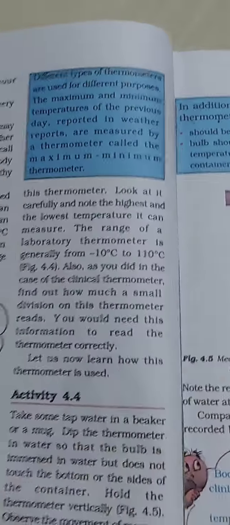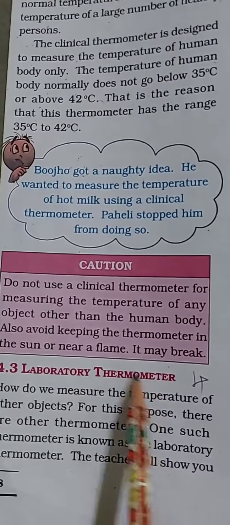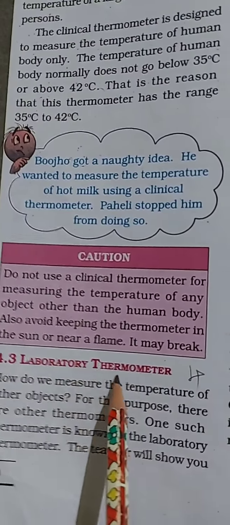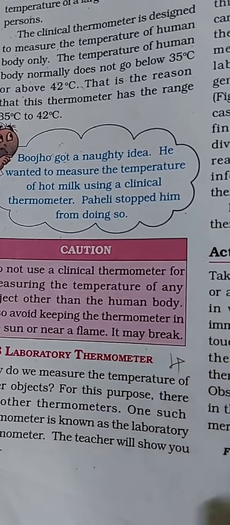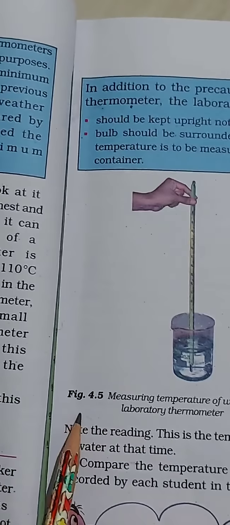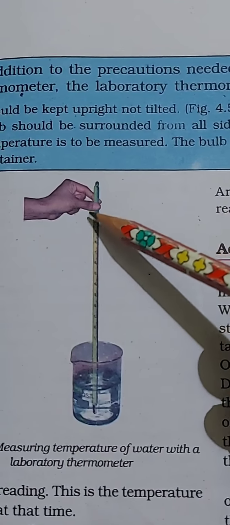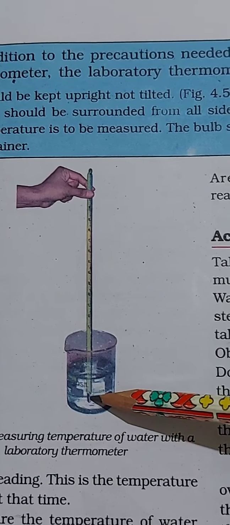Another thermometer is the laboratory thermometer. As the name itself says, the laboratory thermometer is used in labs to note down the temperature of a given substance. When you observe the laboratory thermometer, it is a long narrow tube and it also has a bulb.